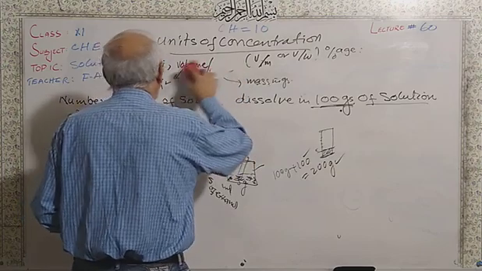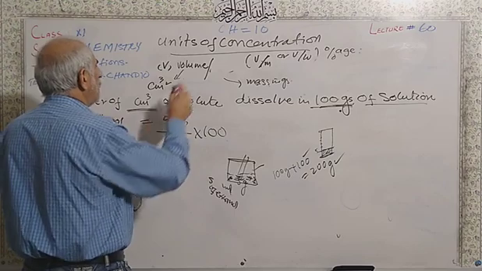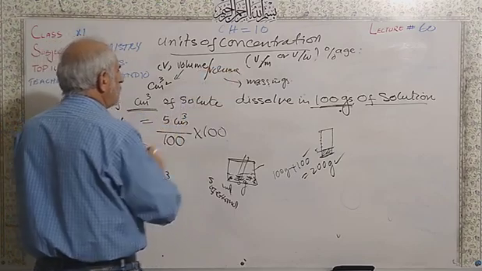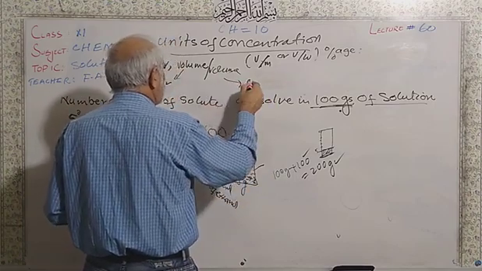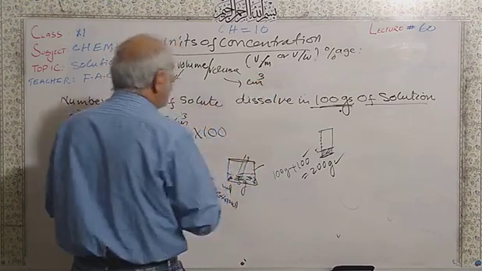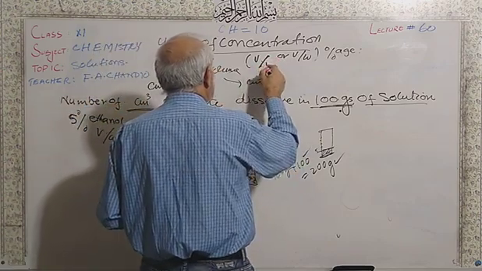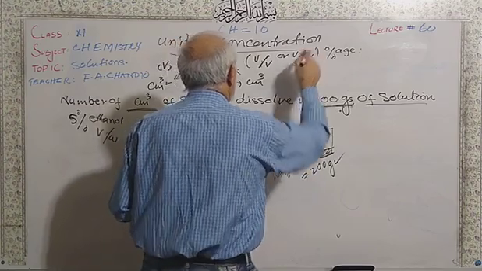The last one is number 4, volume to volume. Solute and solvent both in centimeter cube, percentage in 100.